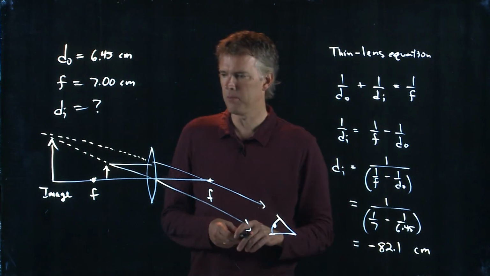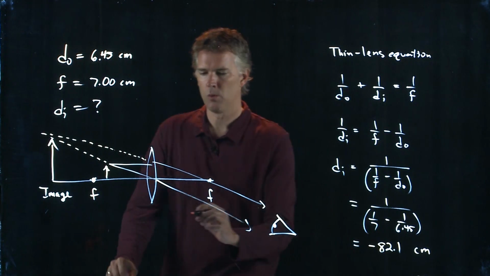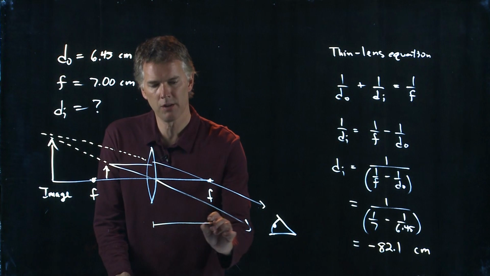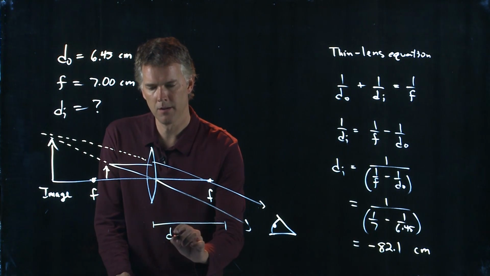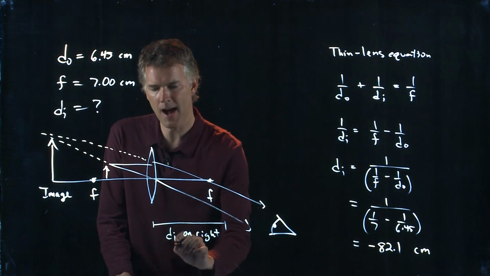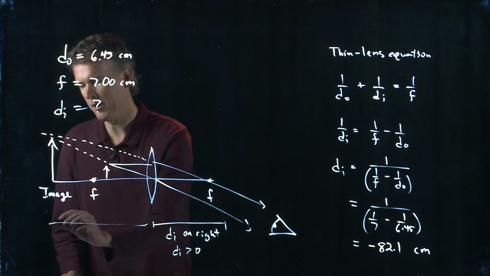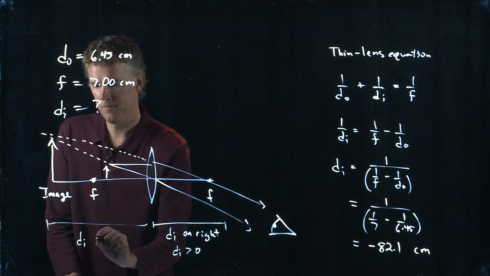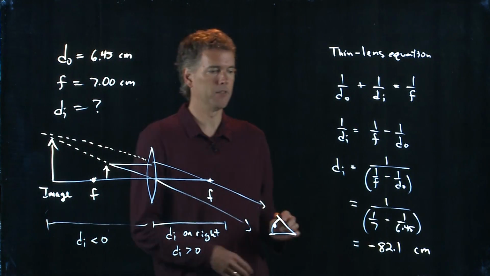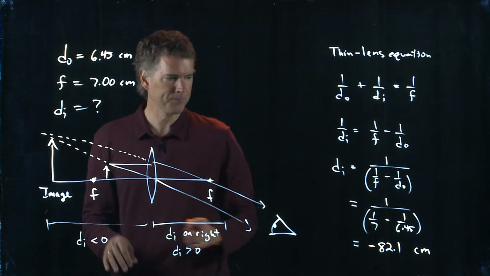So what does it mean to be negative? Remember, if the image is over here, then it is positive. But if the image is over here, then it's negative. So that's what the negative means. Negative means it should be over there.